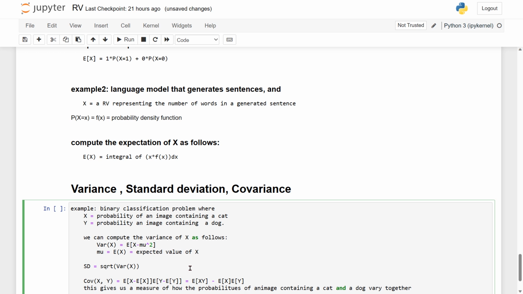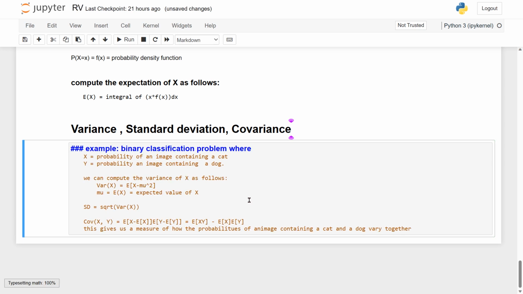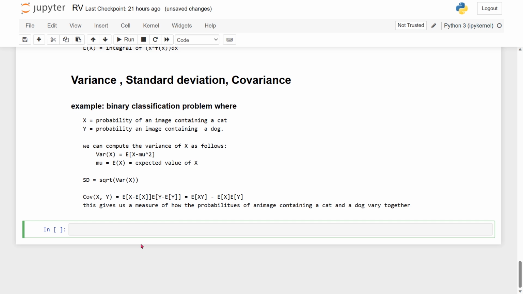So this is one example where we have calculated the variance, standard deviation, and then covariance. Let's take another example. So example 2 this time.